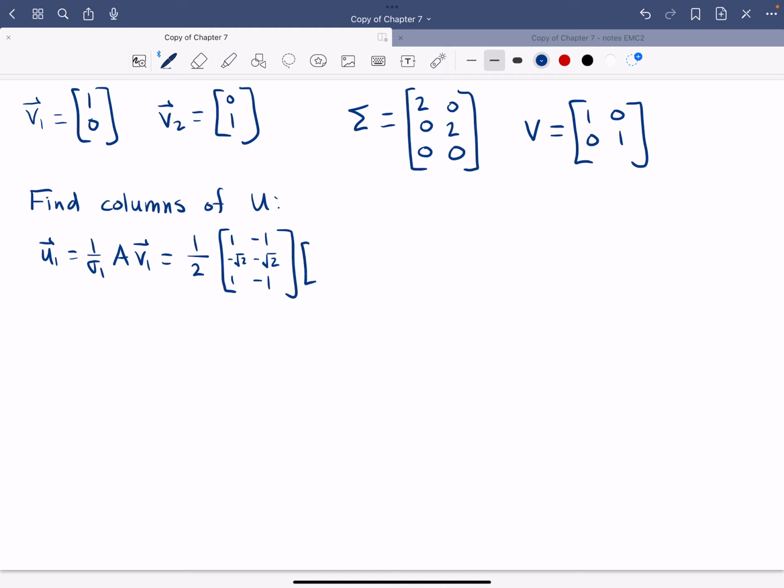And V1 is just 1, 0. So this just gives us 1/2 times [1, negative rad 2, 1], which ends up just being 1/2 times [negative rad 2 over 2], which is just negative 1 over rad 2, and 1/2.